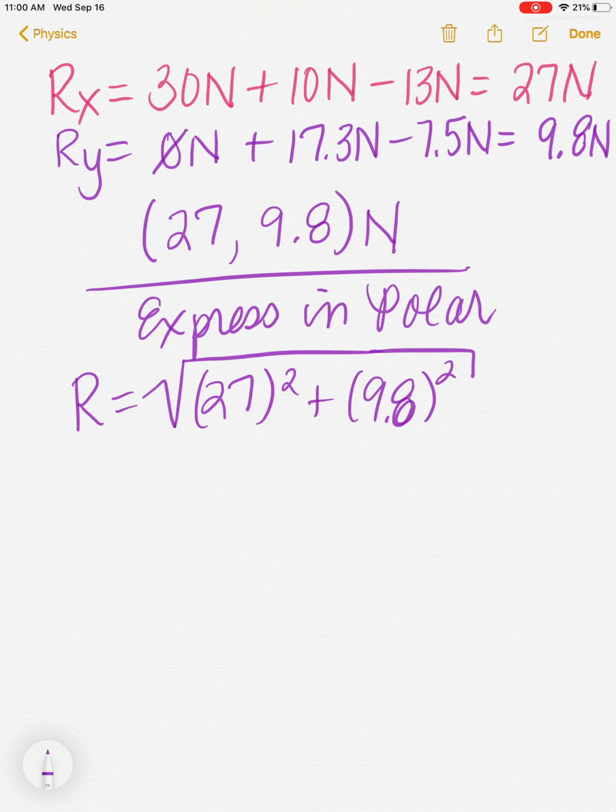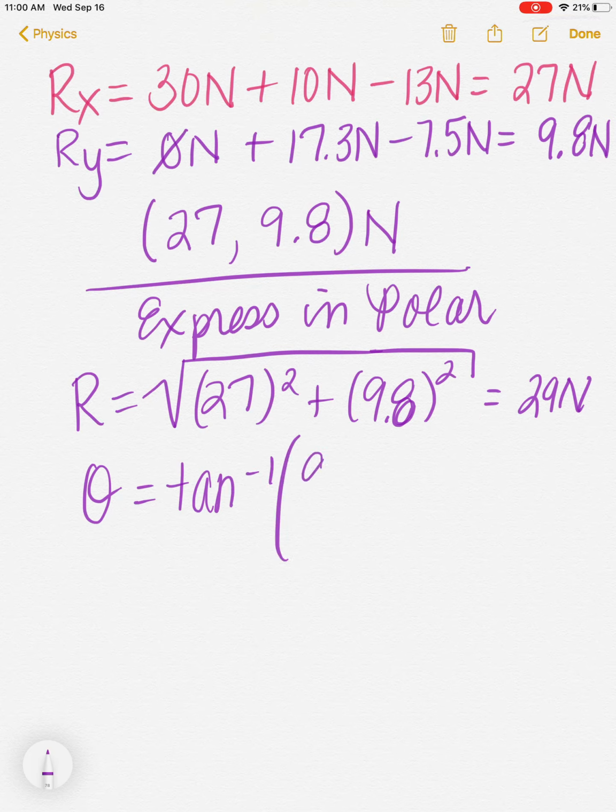Okay, give me a minute while I calculate that. I get a resultant of 29 newtons. And then to find theta, I take the inverse tangent of 9.8 over 27, and I get an angle of about 20 degrees.